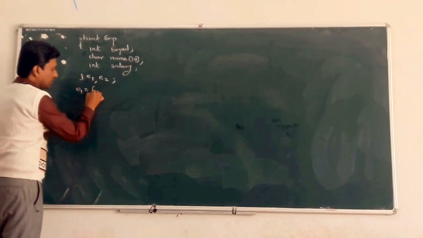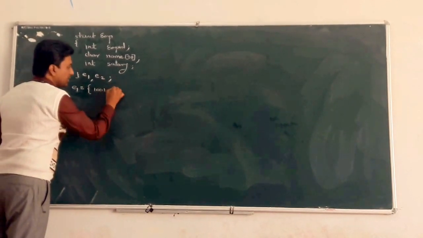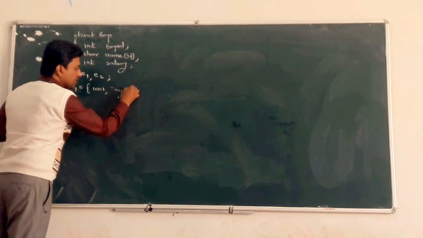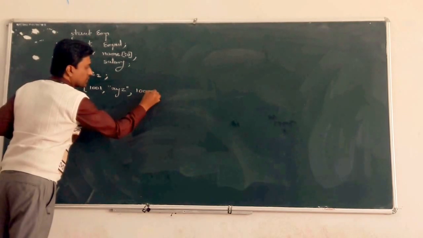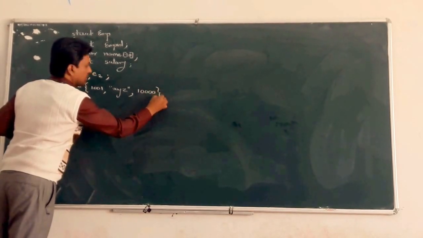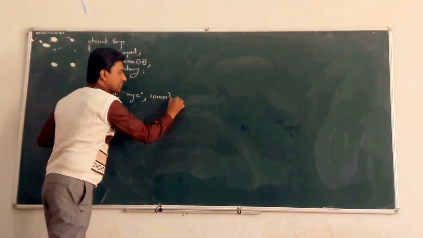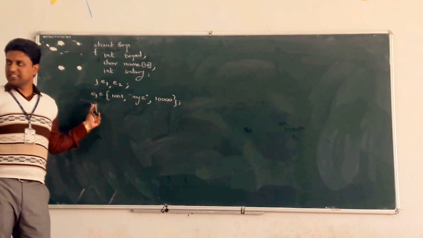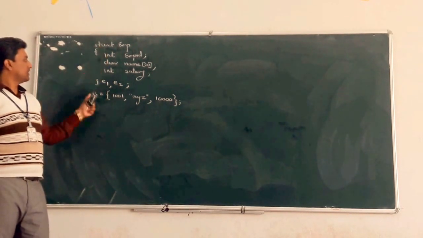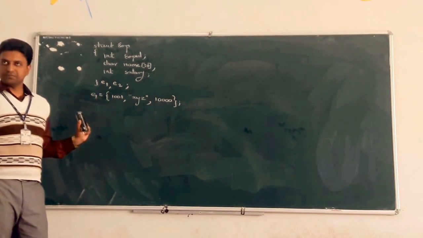In curly brackets, employee ID is 1001, name is "XYZ" in double quotes, and salary is, suppose, 10,000. Clear? This is one record of employee E1. After the definition of the structure we can initialize it.